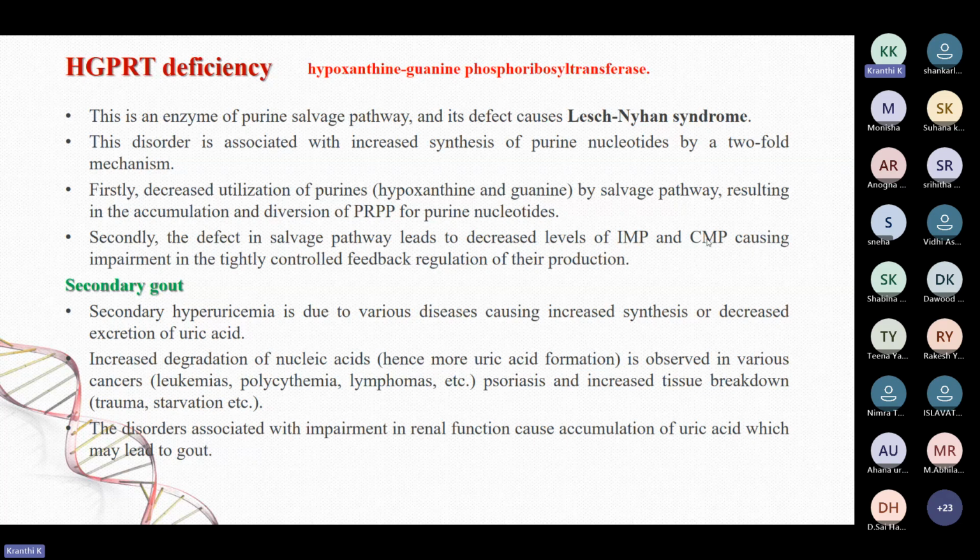That is the reason there is a problem in the feedback regulation. When there is a problem in the feedback regulation, automatically it will increase the production. So in Lesch-Nyhan syndrome, the accumulation of uric acid will be more.